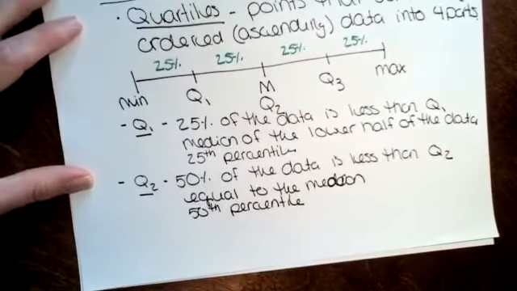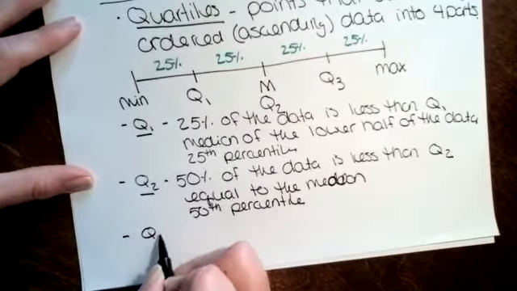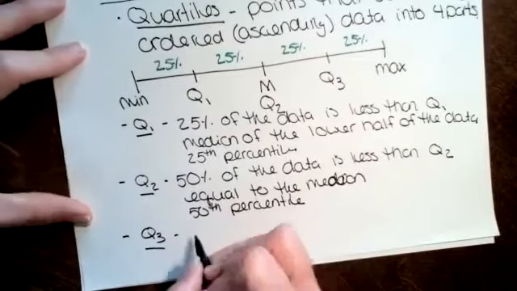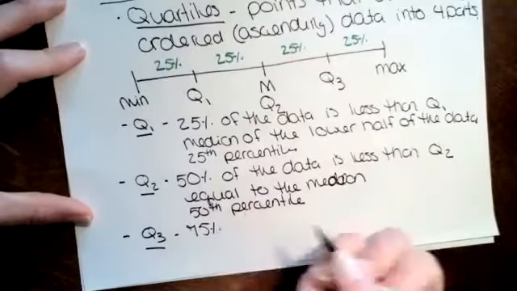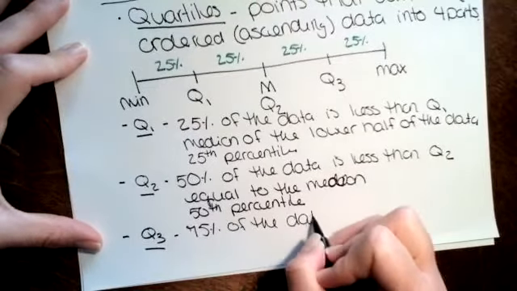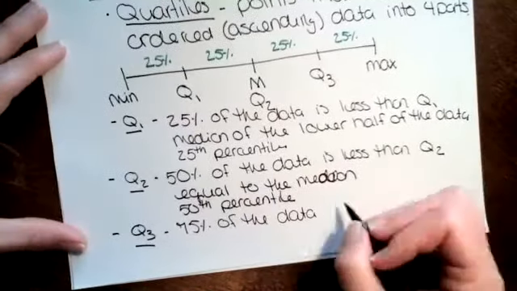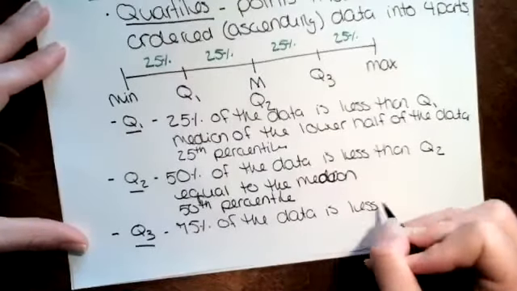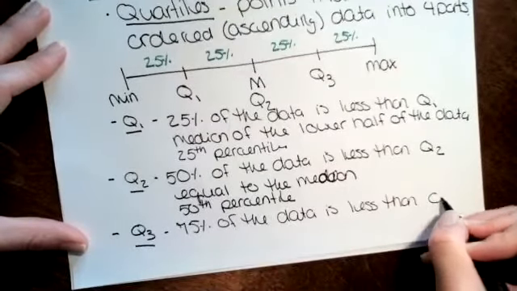Okay. Then lastly, we have quartile 3. And this is where I have 75% of the data less than this quartile.